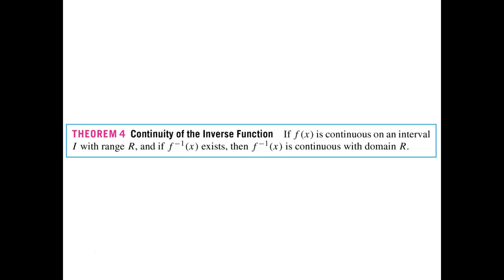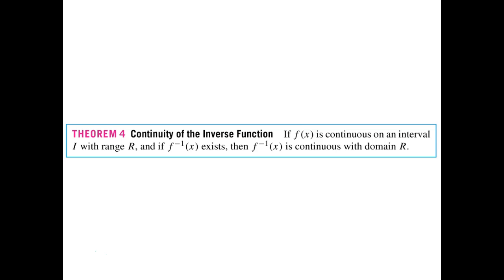To be a 1-to-1 function, you also have to pass the horizontal line test. Any horizontal line cannot intersect that function in more than one place for it to be 1-to-1. Just like the vertical line test says it can never touch the function more than one place, but now the horizontal line test requires that too.